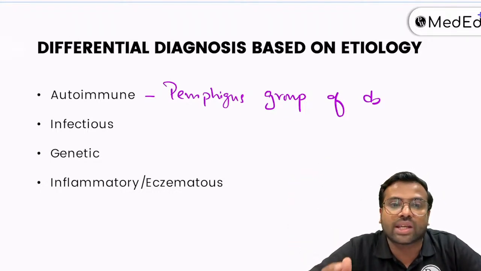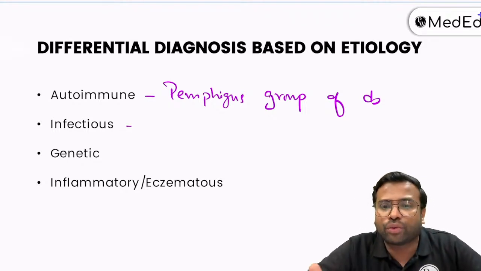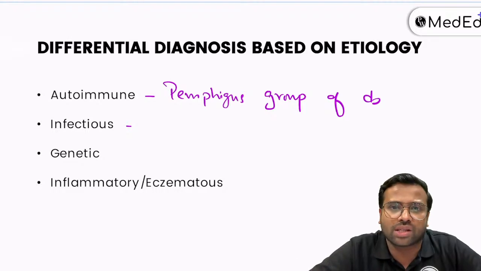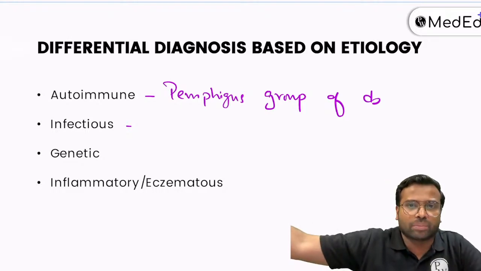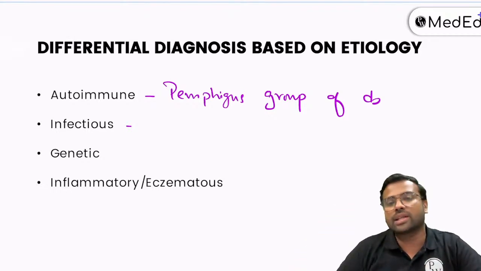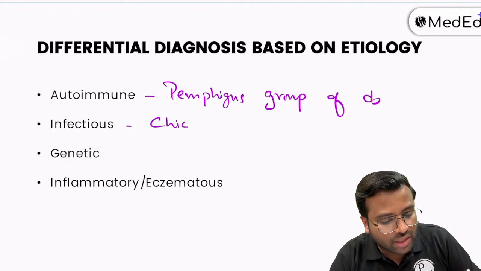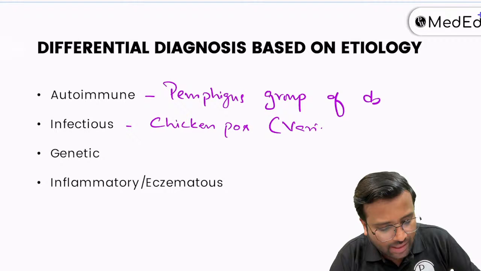Now the second one is infections. In which of the infections can you find vesiculo-bullous diseases? I just gave you an example, right? A child who can come to you with a lot of vesicles over the body. So this can be infections like chicken pox or varicella.